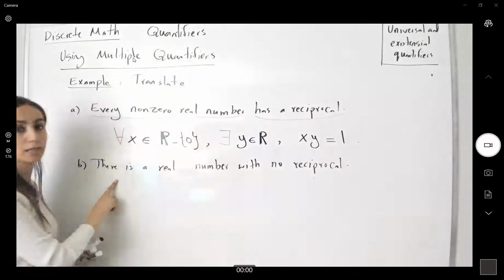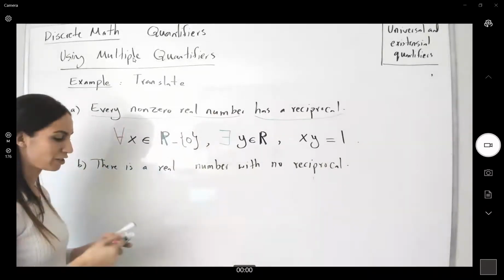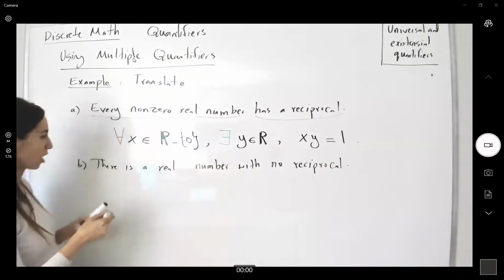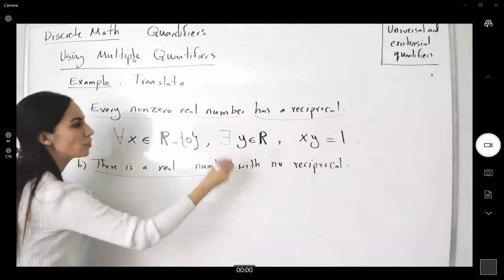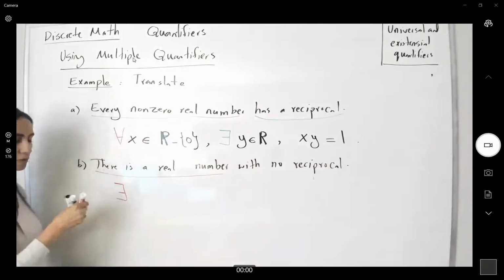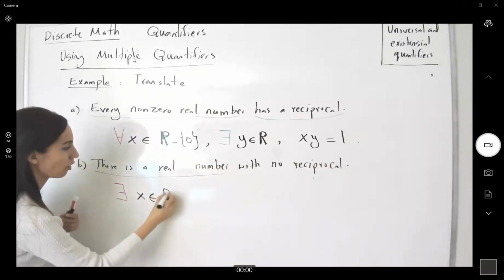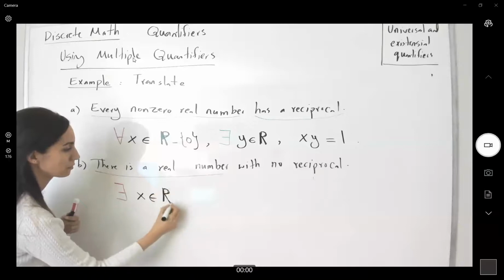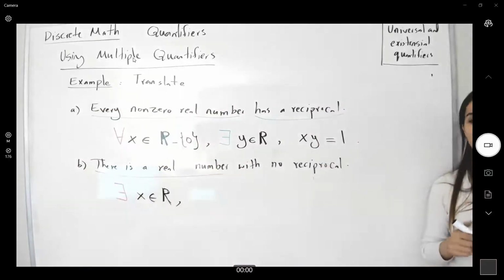How do you translate the second one? There is, so which comes first? Existential comes first. There is a real number, there is a real number x in R, such that it has no reciprocal.